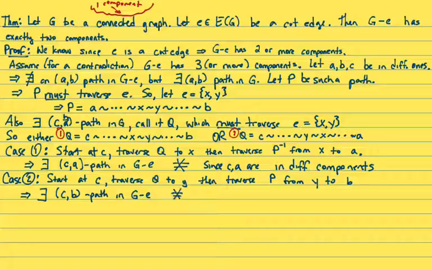I can get from C all the way to B without crossing E, which is a contradiction since C and B are in different components.